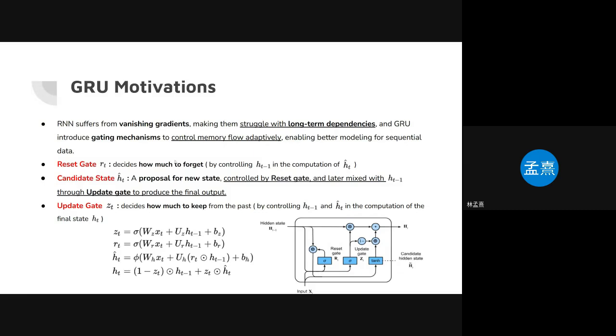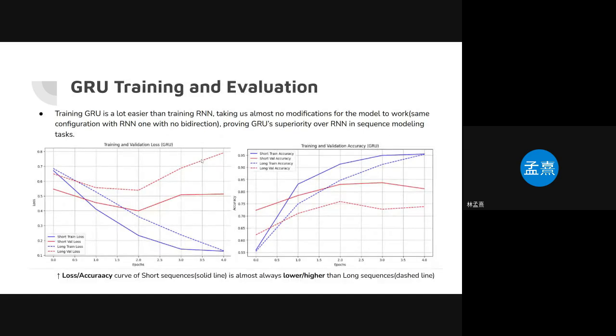Okay, so next slide. Training GRU is a lot easier than training RNN, and it takes almost no modifications for the model to work. So the structure is the same as RNN, just with bidirectional removed.